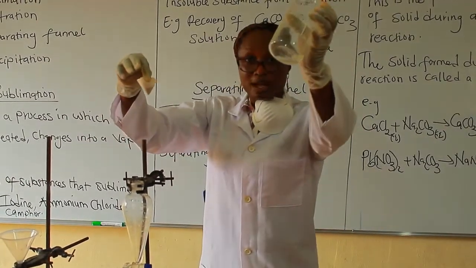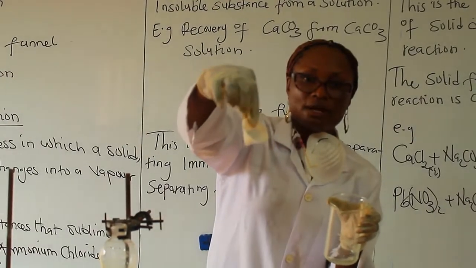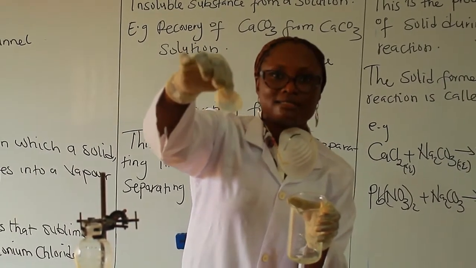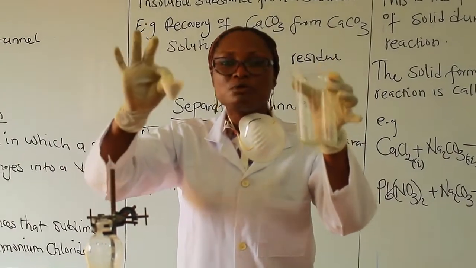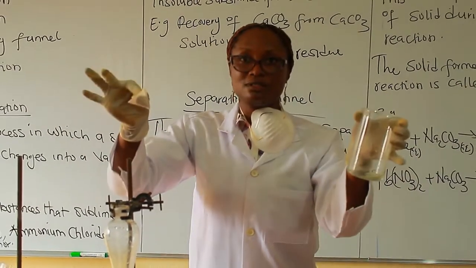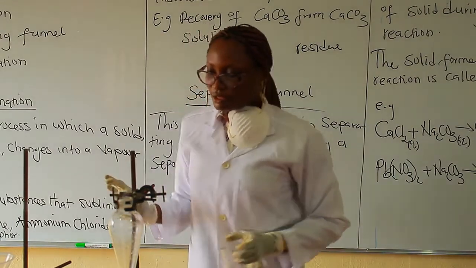Filtration. This is our water. It's clean. And then look through the filter paper. You can see the solid substance. Yes, this is our calcium carbonate. And this is our water. So we have been able to separate calcium carbonate from water, from its solution. Very wonderful. Okay, so that's it.